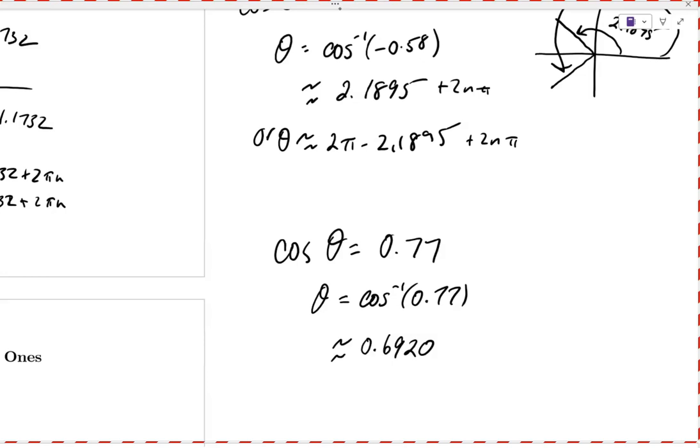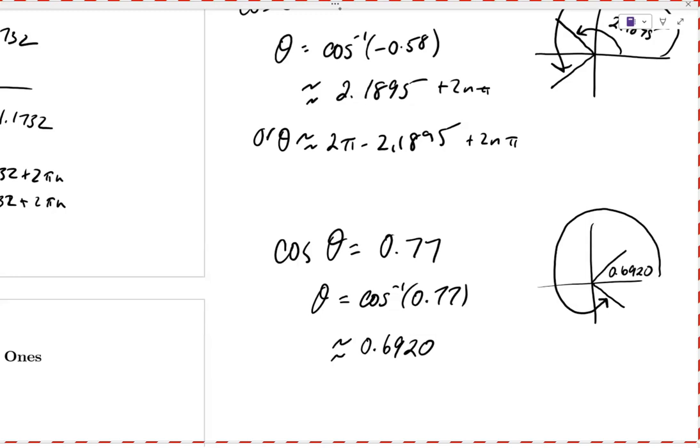Sounds right. What quadrant is that angle in? 1. Good. It's in quadrant 1. Where else is cosine positive? Fourth. Good. So down here. So we're looking for that angle. Or you could just dip underneath too.